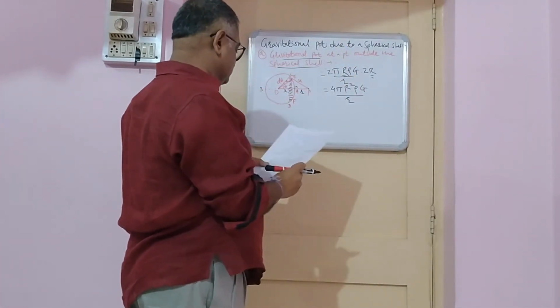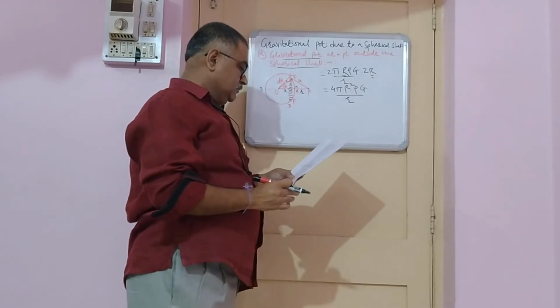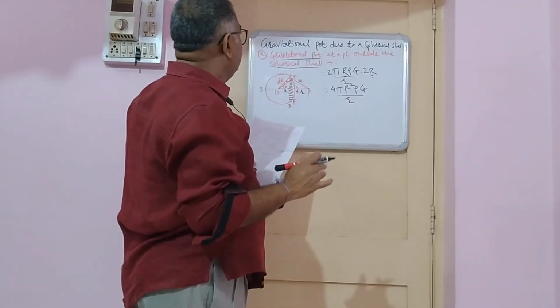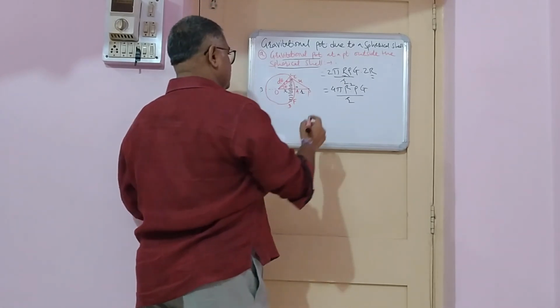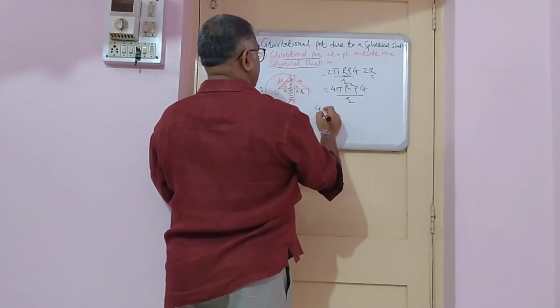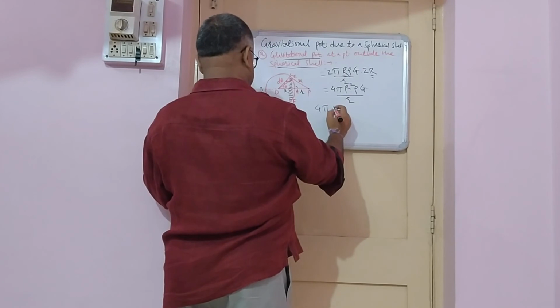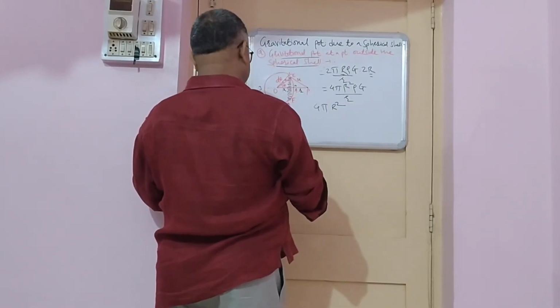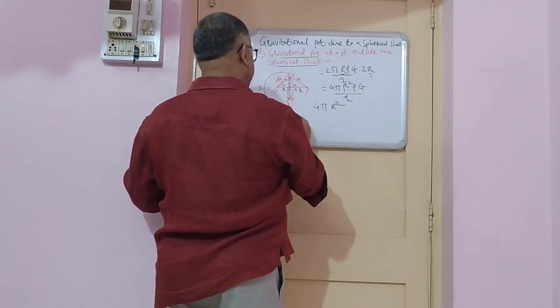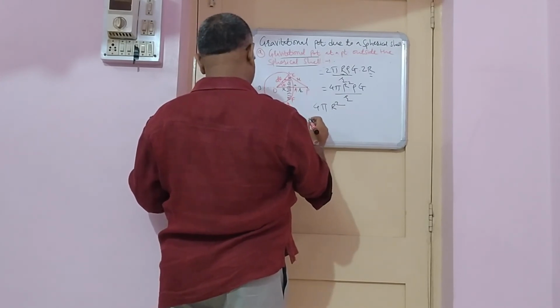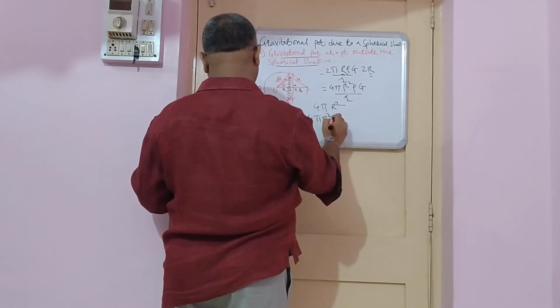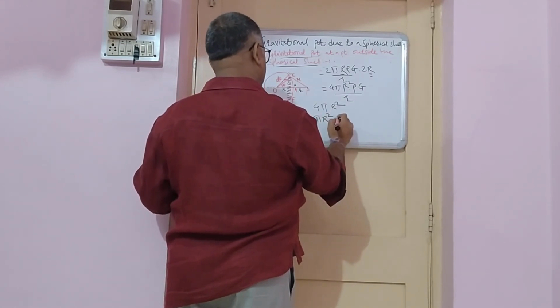See now friends, the surface area of the shell is nothing but 4 pi r square, and m, the mass of the shell, is nothing but 4 pi r square and rho.